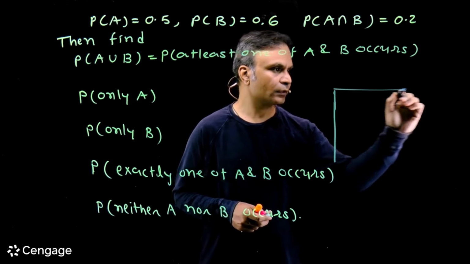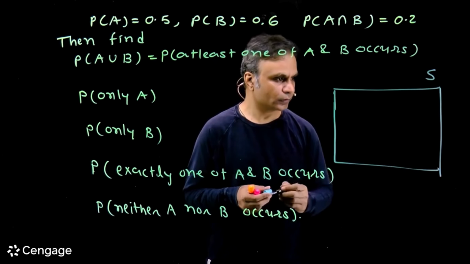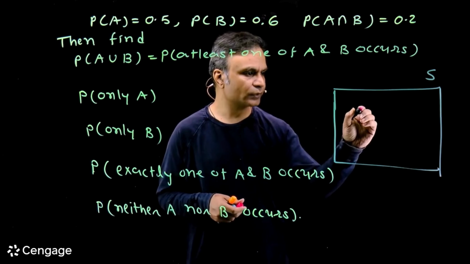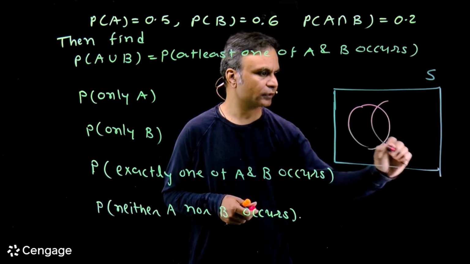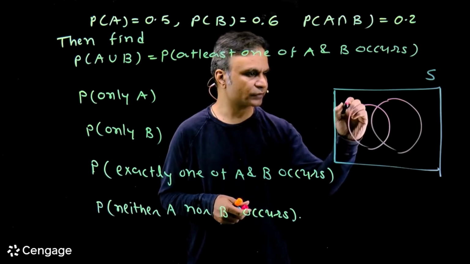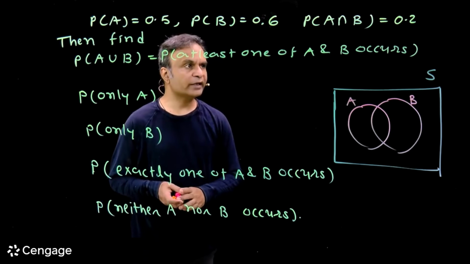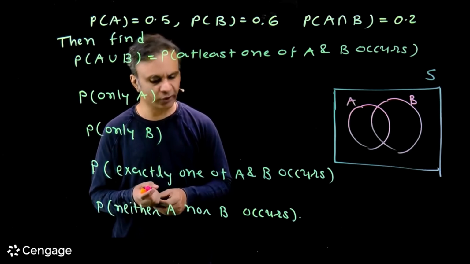Okay. Here we have sample space S. Events A and B are subsets of S. So here we have event A and event B. This is event A, this is event B. Now probability of event A intersection B is 0.2.